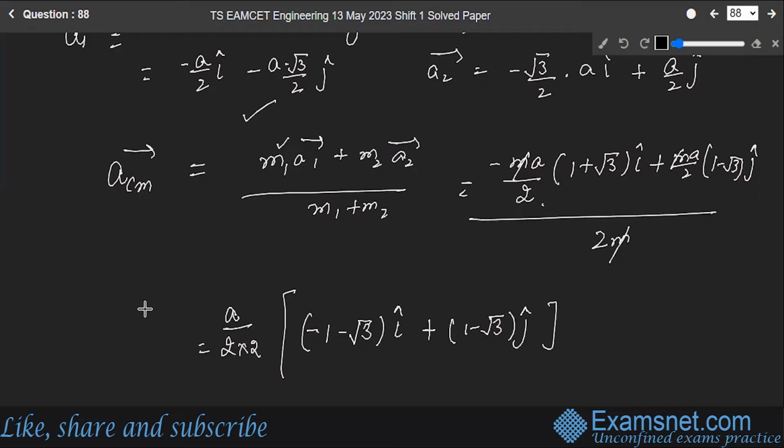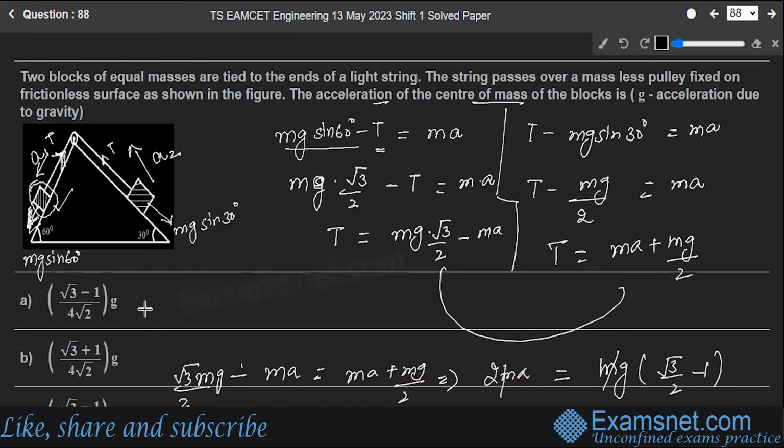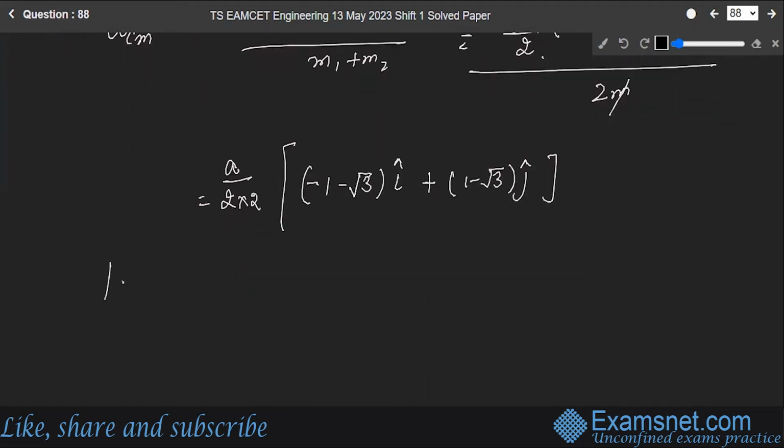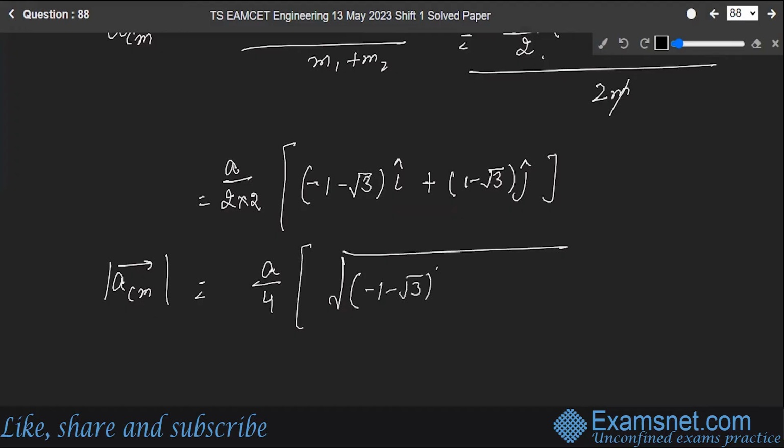Next, I have to find the magnitude of it, right? So the magnitude of the acceleration of the center of mass will be given by a by 4 outside, root of (minus 1 minus root 3) whole square plus (1 minus root 3) whole square. This is the modulus.